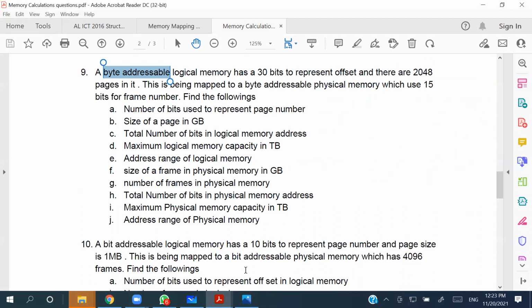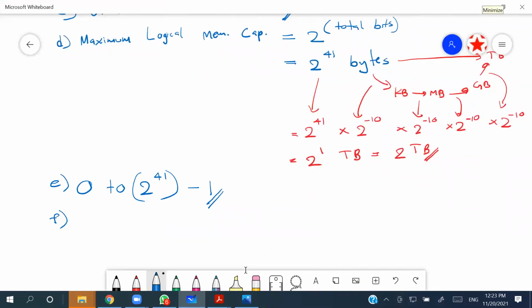Now from here onwards, it is talking about the physical memory, size of a frame in physical memory. People, when they ask this question, you don't need to do any calculation, right? Can you remember I told you when we were discussing that diagram, the size of a frame equals the size of a page. That is how I explained how the pages are mapped into the frames.